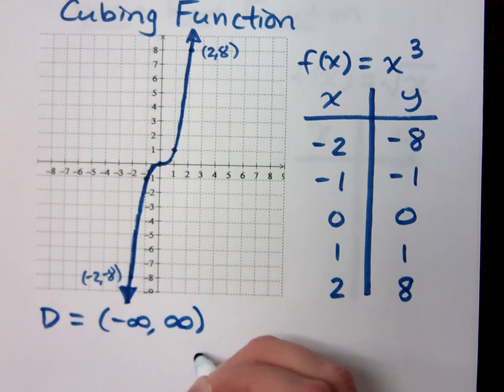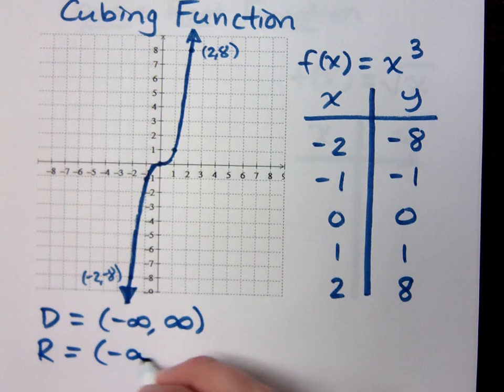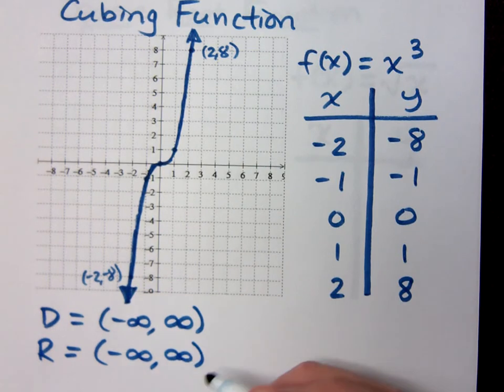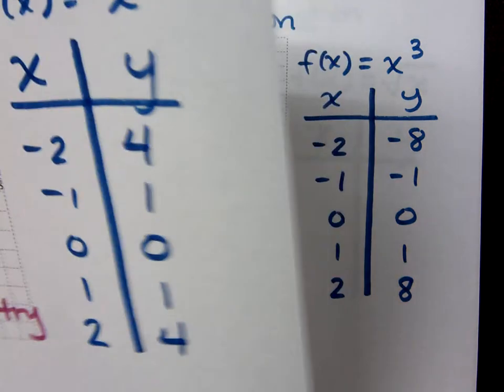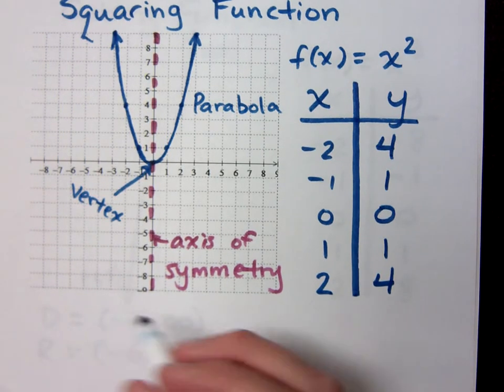It was all real numbers. What was the range? It was the same. Remember what we said for these guys? But for the most part, their domain should be all real numbers unless we have what to worry about? It's okay if you don't remember. That's what I'm here for.